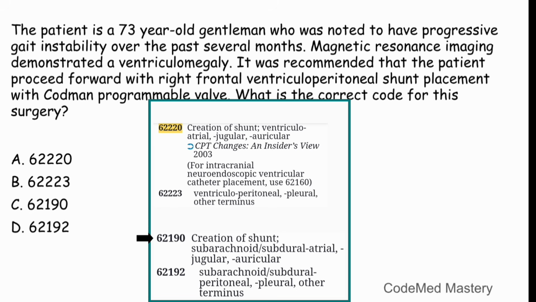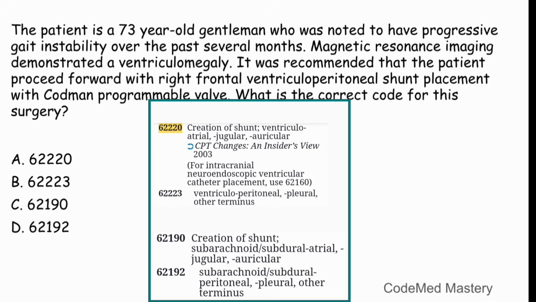Check option C, 62190. It is for creation of shunt subarachnoid subdural or atrial jugular auricular, and option D, 62192 is for creation of shunt subarachnoid subdural peritoneal pleural other terminus.